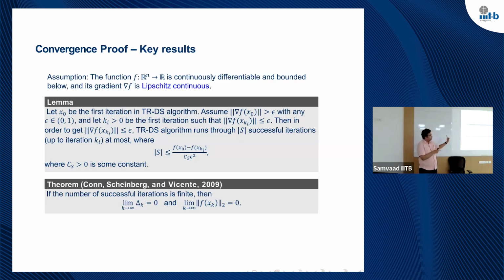Luckily, using coordinate directions or any orthogonal directions from direct search, even if you don't get descent, you actually improve your model's poisedness geometrically. So we've been able to figure this out, and based on that your trust region method actually does better. So the back and forth thing helps. You're taking the benefits in terms of the theory in both TR and DS. That is the key takeaway of this theorem.